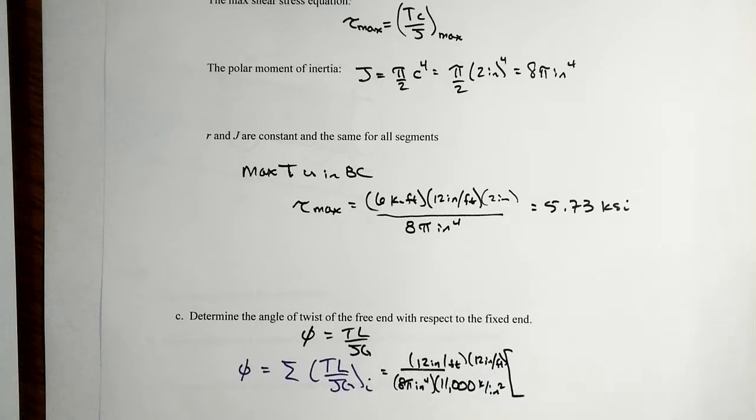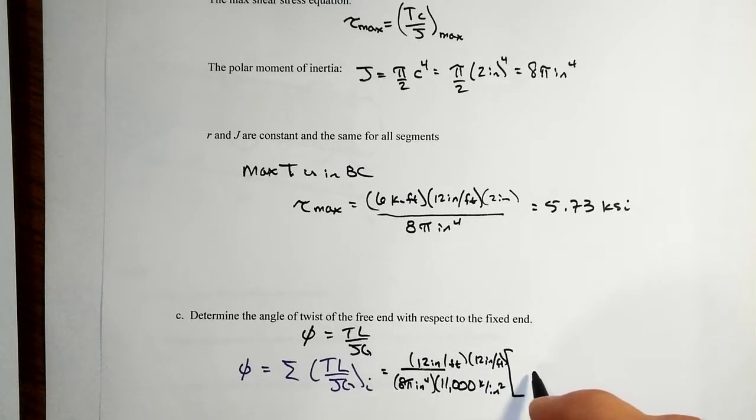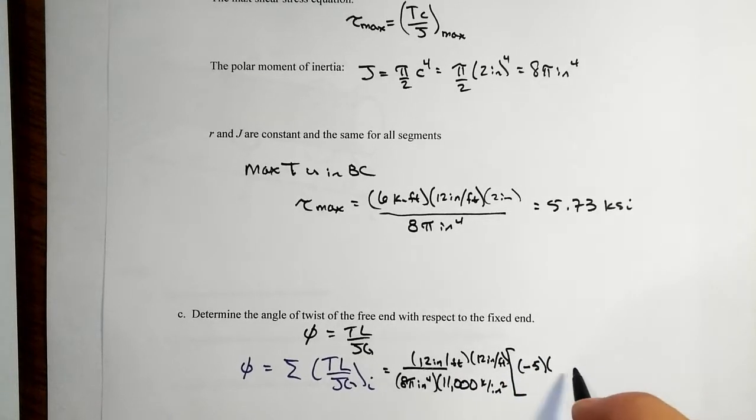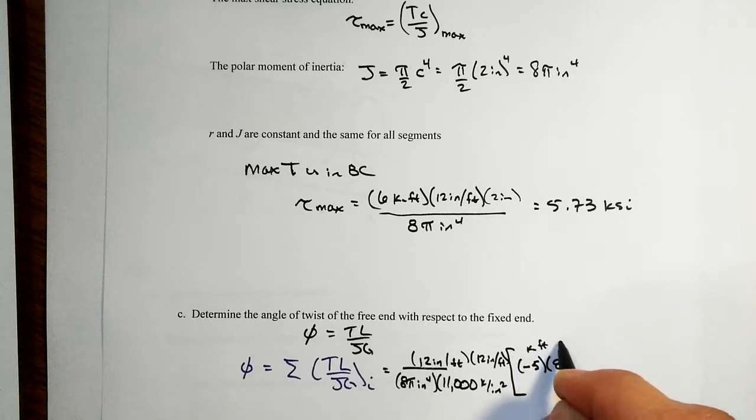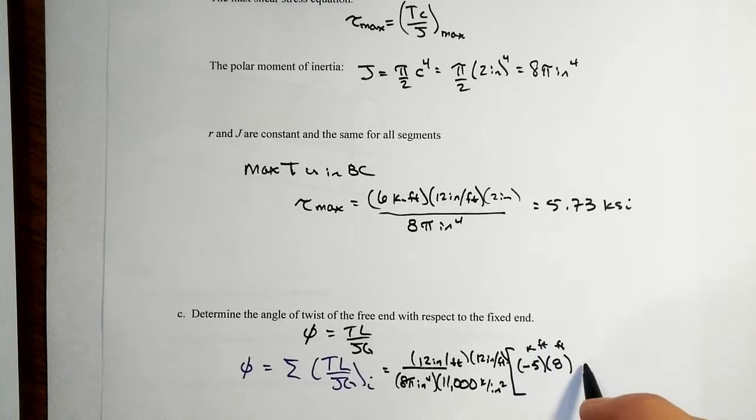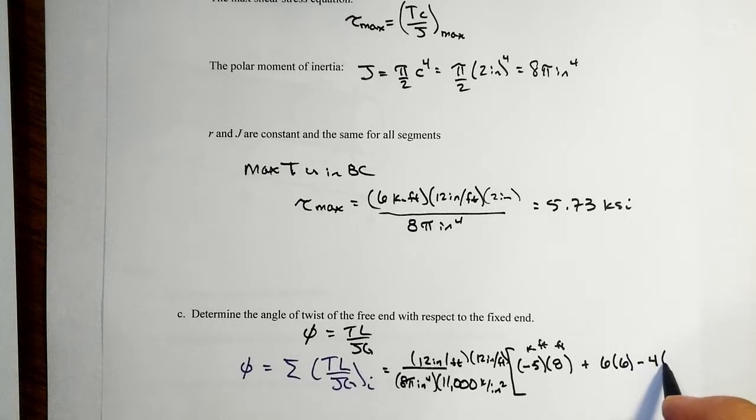So on the inside, walking left to right, minus 5 kip foot of torque times a length of 8 feet, then plus 6 kip foot times a length of 6 feet, and then minus 4 kip foot times a length of 4 feet.